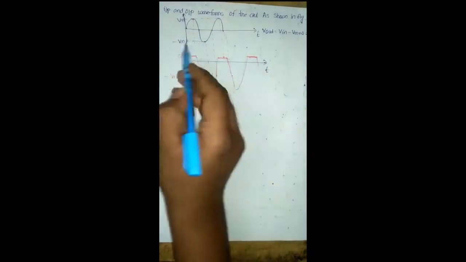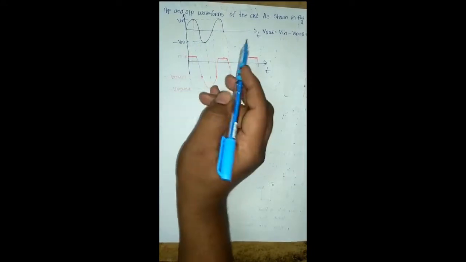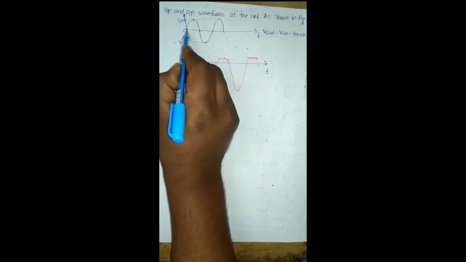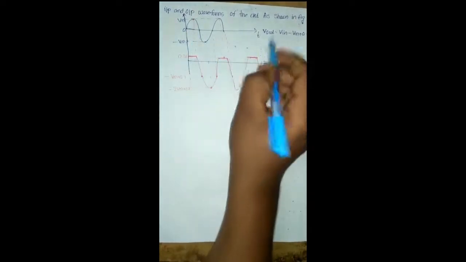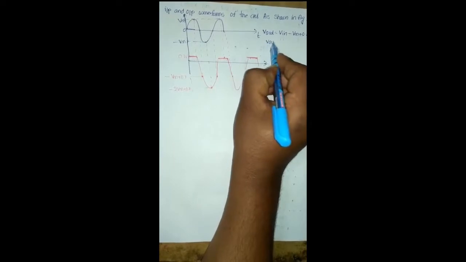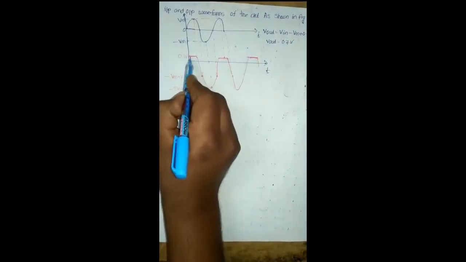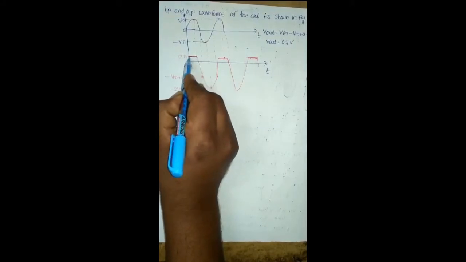This signal is given to the input of this negative clamper circuit, and during this instant the diode is on. At that time the output voltage Vout equals 0.7 volts, therefore we draw the waveform at 0.7 volts.